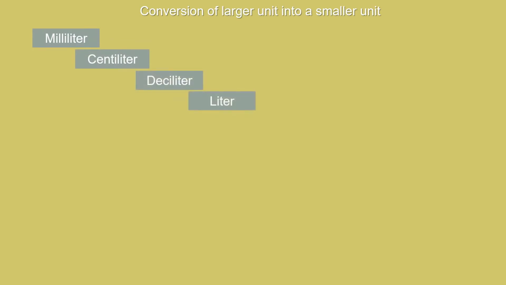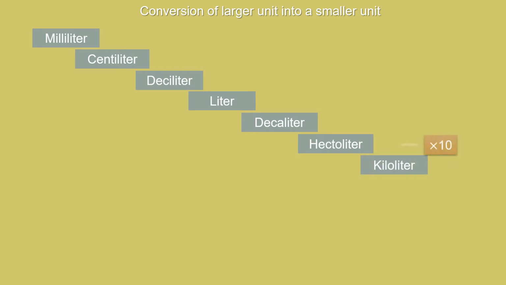Students, can you tell me how to convert a larger unit into a smaller unit? It's very simple. We have to multiply a larger unit by 10 at every step to get the smaller unit. Kiloliter multiplied by 10 will give hectoliter.